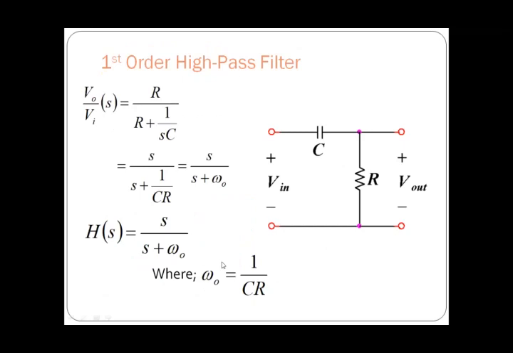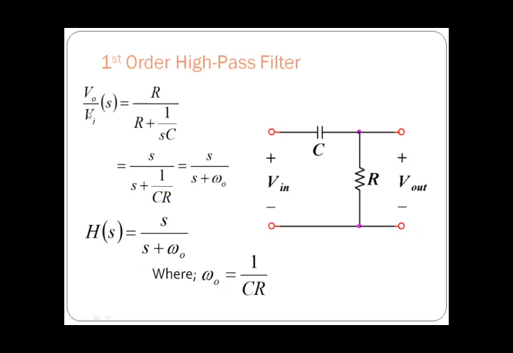Coming to the response of this RC circuit, here we are using R and C. You can see that we are taking the output across the resistor, and we are giving the input to the capacitor. So Vin is applied to the capacitor and Vout is taken across the resistor.